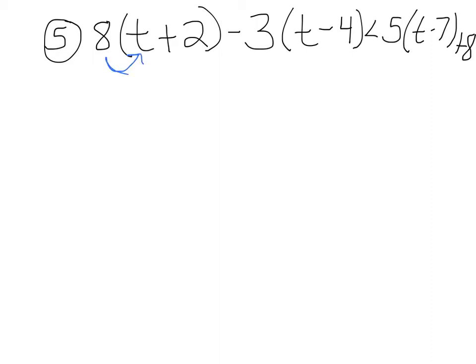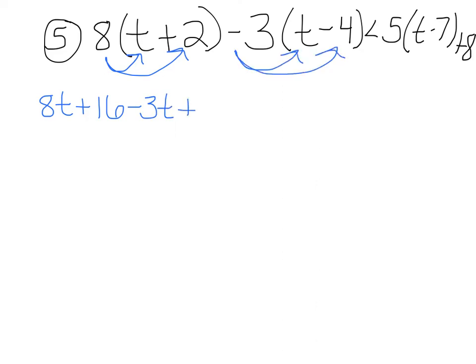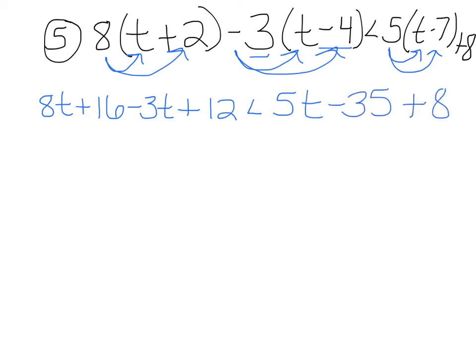I'm going to distribute the 8 to everything inside, which gives me 8t plus 16 minus 3t. This is a negative 3 that I'm distributing to everything inside. A negative 3 times a negative 4 would give me a positive 12. It's less than. I'm going to distribute a 5 to everything inside that parentheses and get 5t minus 35 plus 8.